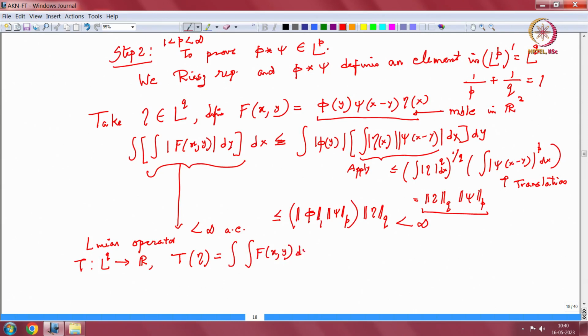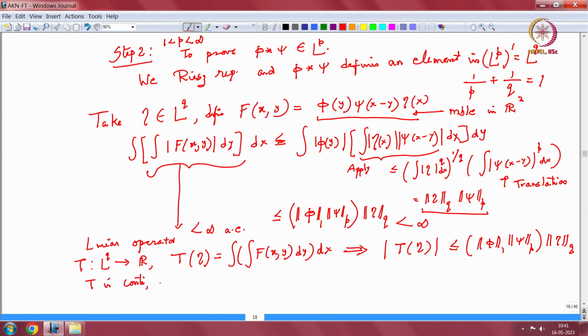And what the above estimate implies is that modulus of T theta is less than or equal to some constant, your constant is norm phi at 1 into norm psi at p, into norm theta at q. That implies that T is a continuous linear, bounded functional, and the norm of T is less than or equal to norm phi at 1. This is precisely it, so the proof is complete.